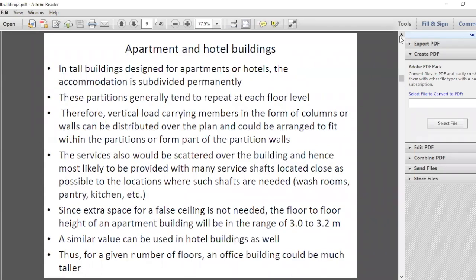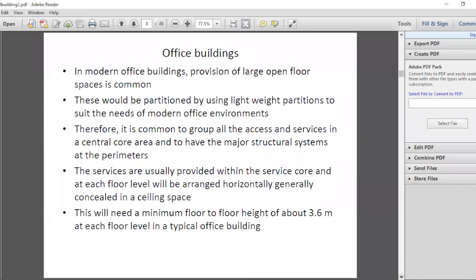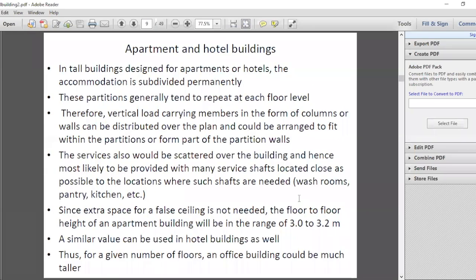Then we'll also look at the apartment buildings. Tall buildings can be designed for apartments or hotels. And when you have apartments or hotels in a tall building, sometimes the partitions can be of permanent type.